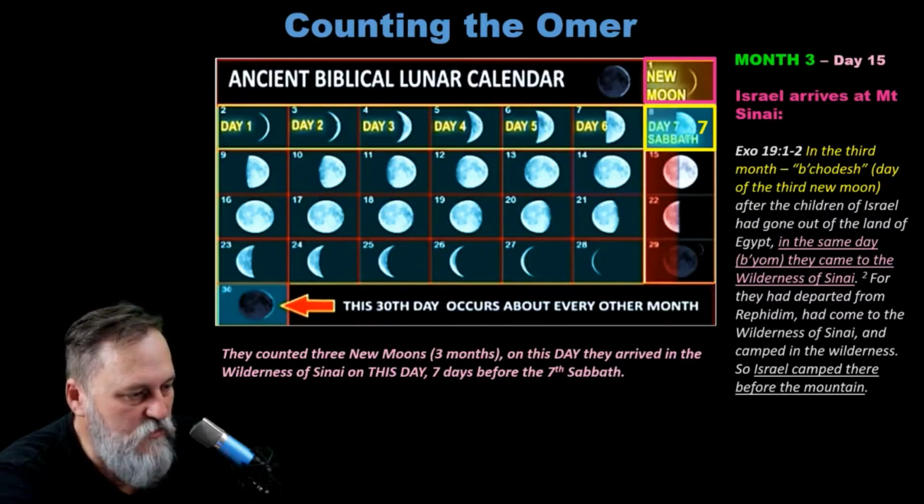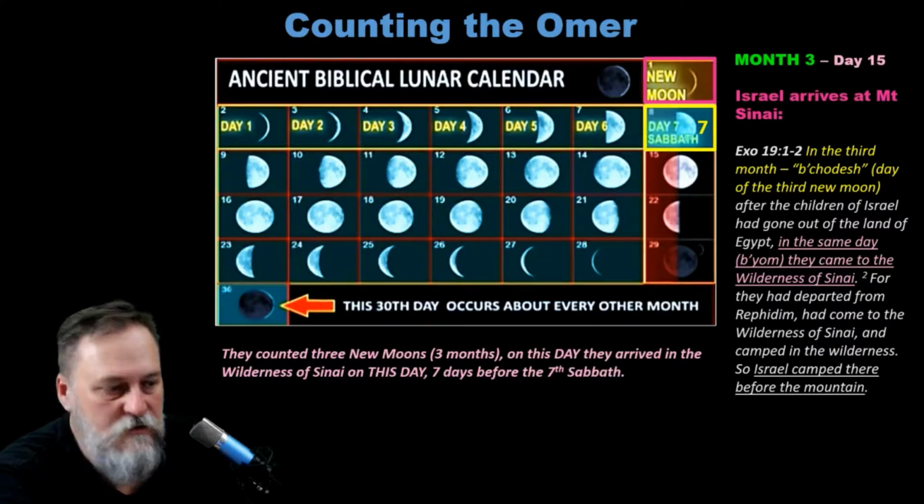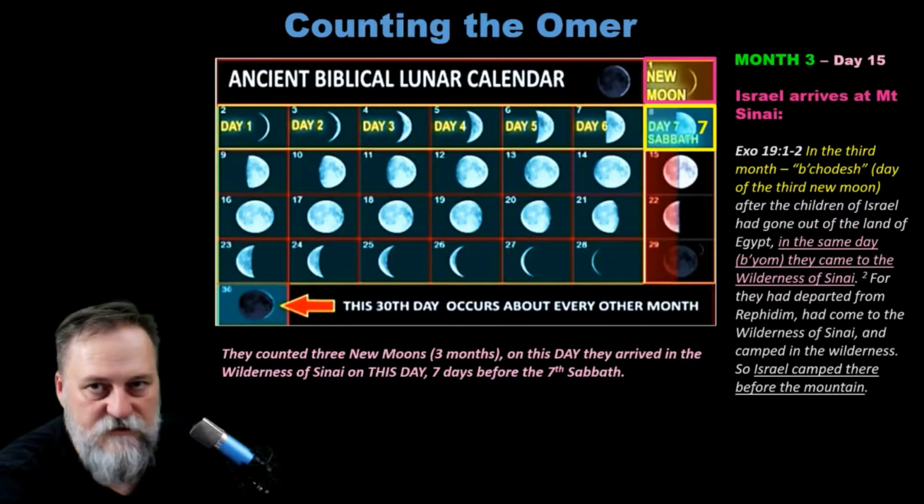Exodus 19 verse 1-2 indicated when Israel arrived at Mount Sinai. Now, last year I interpreted the verse, "In the 3rd month after the children of Israel had gone out of the land of Egypt, in that same day they came to the wilderness of Sinai."